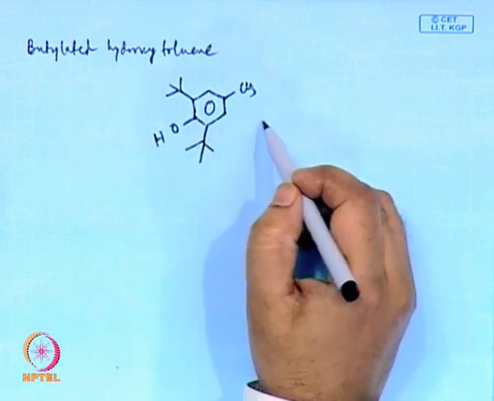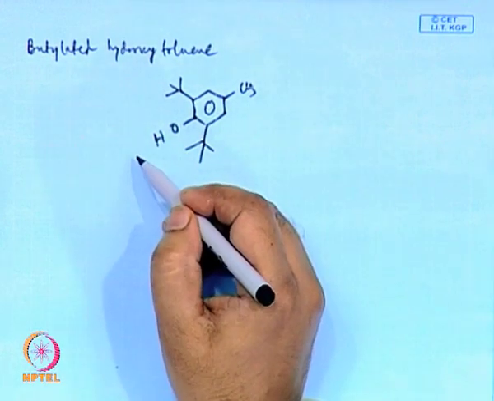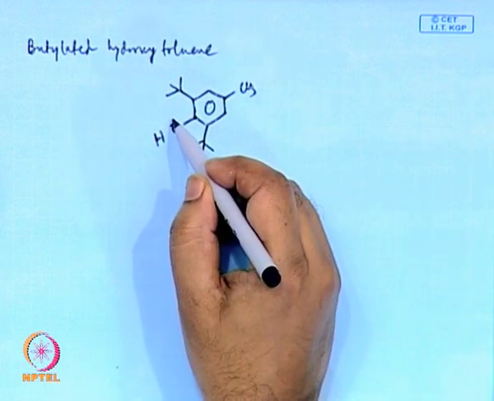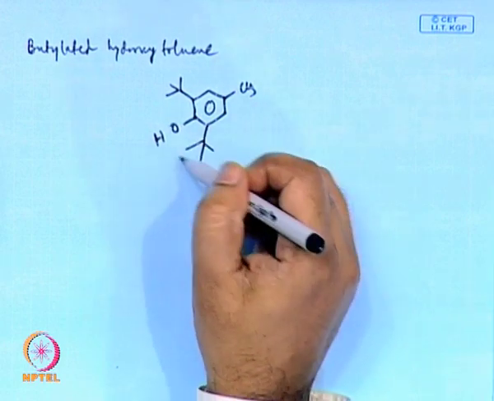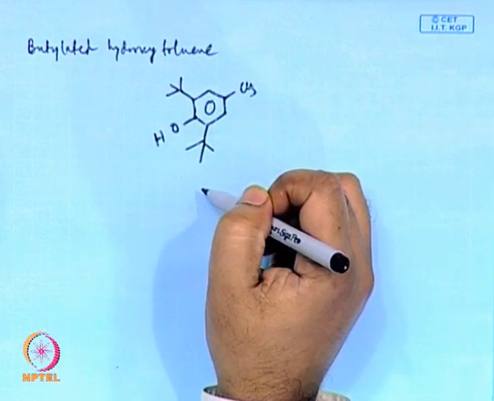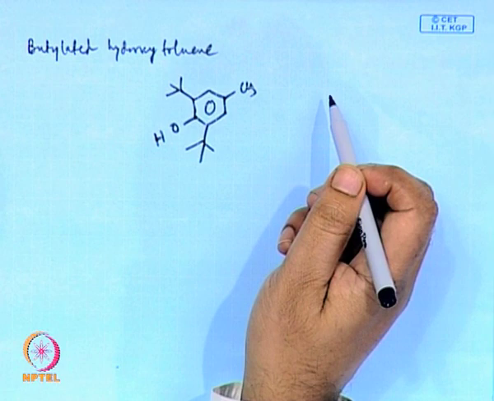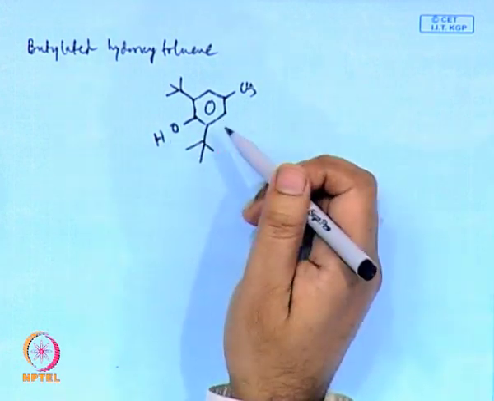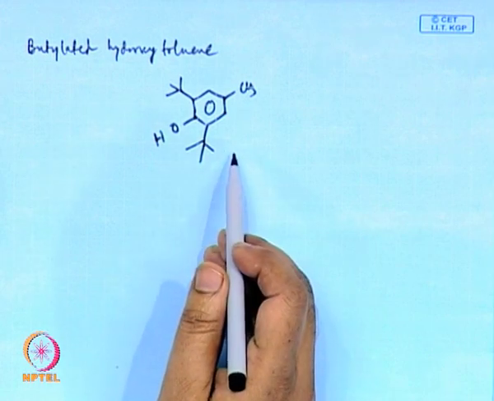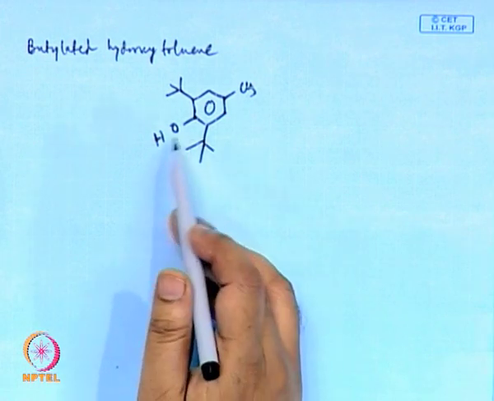Now, when this forms a radical by abstraction of hydrogen, I am not writing it, but you can imagine that the dot will come here, and this is an extremely stable radical, which does not participate in the initiation reaction. It might degrade or react with itself, but it does not participate. So, it is an example of an inhibitor.